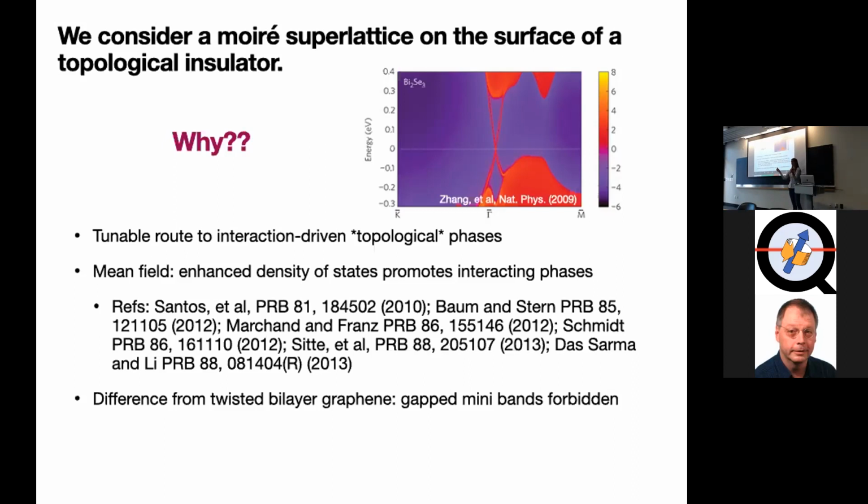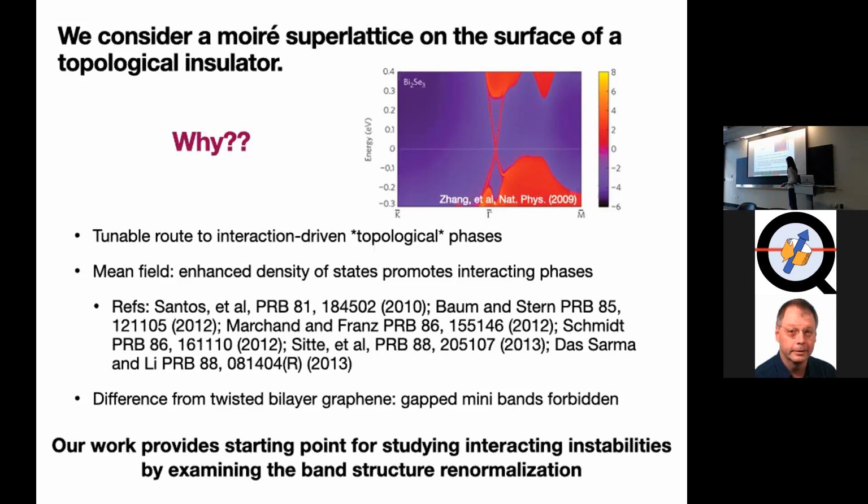So you can never get a flat band which is gapped. You always need to have some Dirac cone in the middle of it. But nonetheless, as we'll see, you can manipulate the Dirac cone. So that's the thing that we're going to do. What it says here at the bottom of this slide is that we're not going to look at the interacting instabilities. We're going to look at the band structure, and we want to see how we can change it. That's our goal.